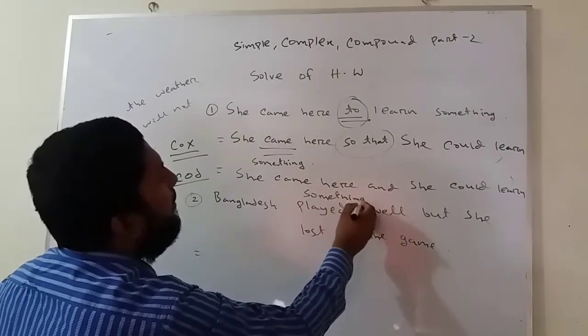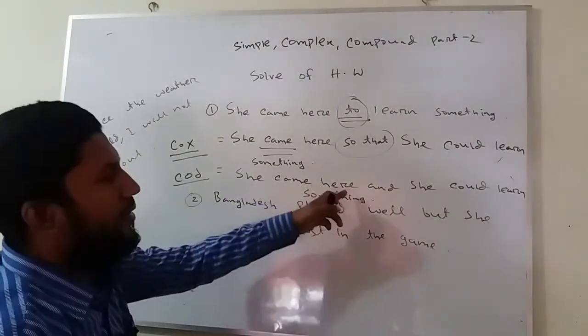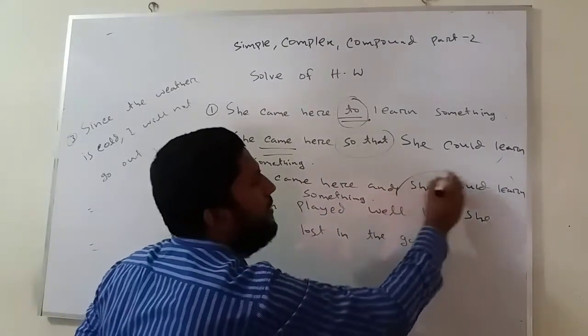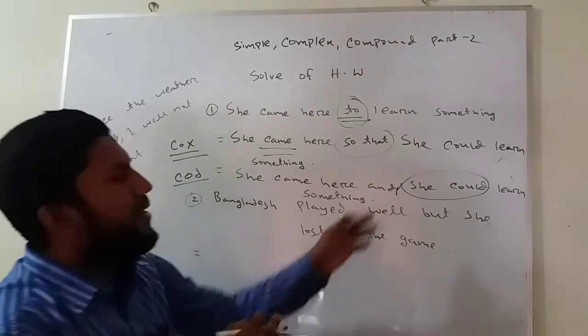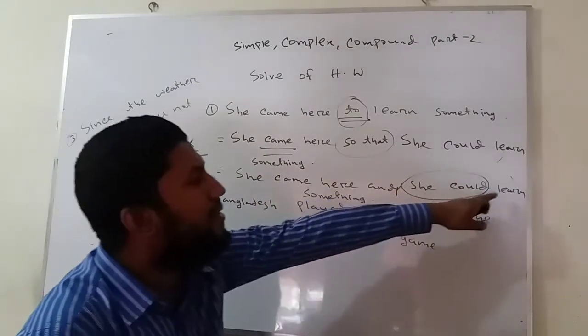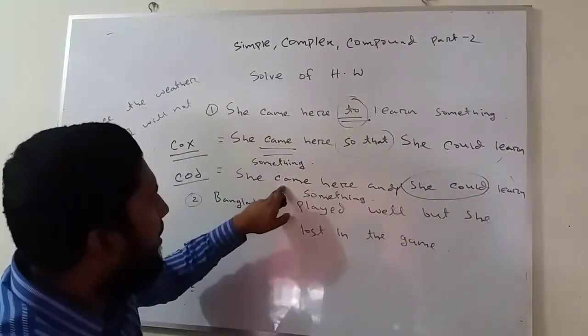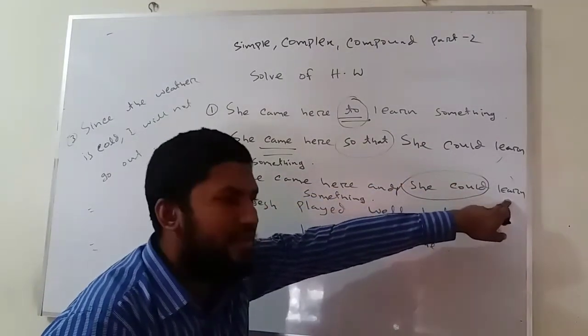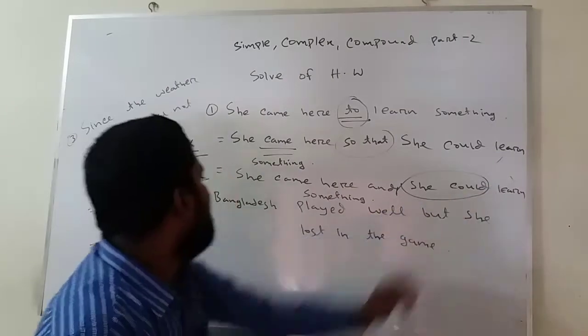If you want, you can write: she came here and learned something. You can delete "she could." If you delete "she could," then you will have to use learned. As the verb is past, you will have to use the past form of learn. The past form of learn is learned, L-E-A-R-N-T.